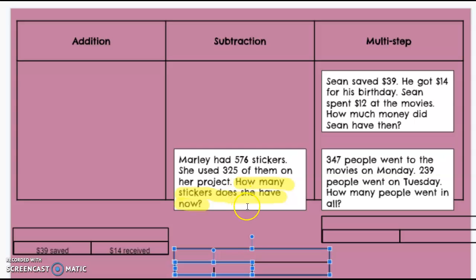I know that there was a starting amount. The starting amount was 576 stickers. That's how many she started with, and I'm going to type started with. Then she used 325.